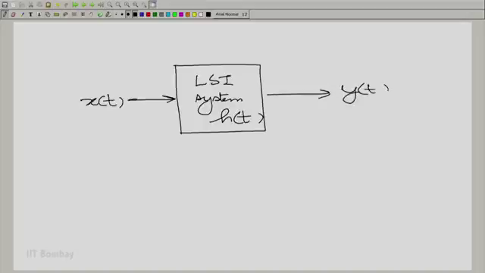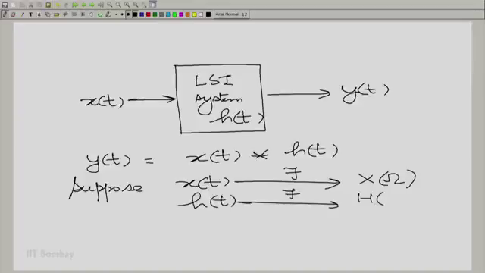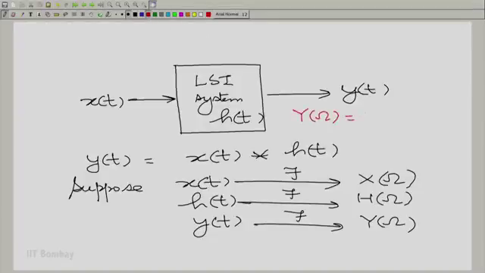And of course, you know that y(t) is equal to x(t) convolved with h(t). Suppose all of them have a Fourier transform. So x(t) has the Fourier transform capital X of omega, h(t) has capital H of omega, and y(t) has capital Y of omega. Then of course we know from the convolution theorem that Y of omega is X of omega times H of omega.